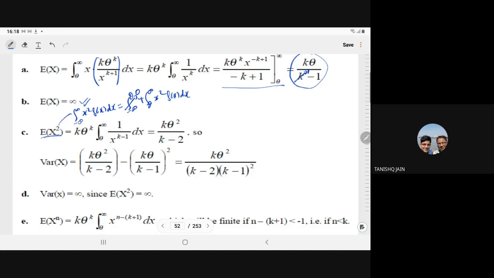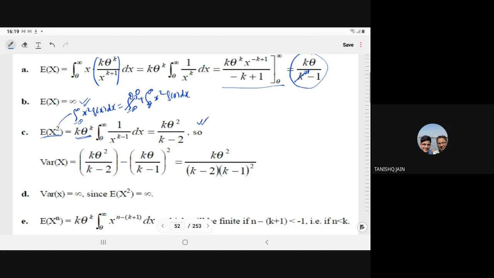So f(x) is given to you as k θ^k upon x^(k+1). So k θ^k will come outside. Inside the integral, we have 1 upon x^(k-1). Now you have to integrate this from theta to infinity with respect to x. So here you will get the answer k θ^2 upon (k-2).